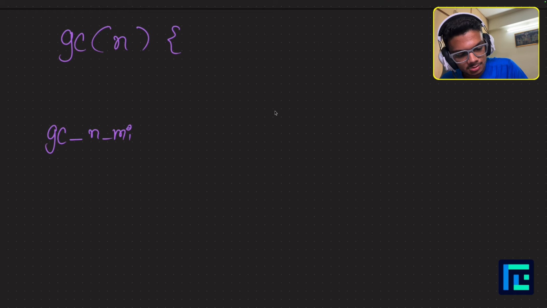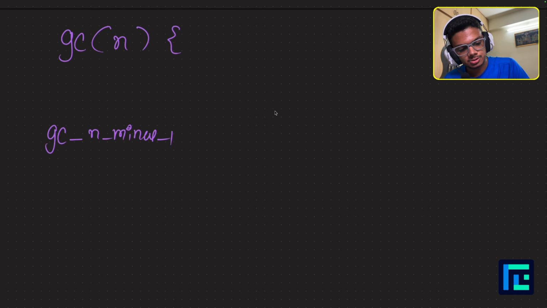So if I write the pseudocode here, if someone asks you to generate gray codes for n bits, so here they're asking you to generate 2 power n gray codes, what you effectively have to do is generate gray codes for n minus 1.